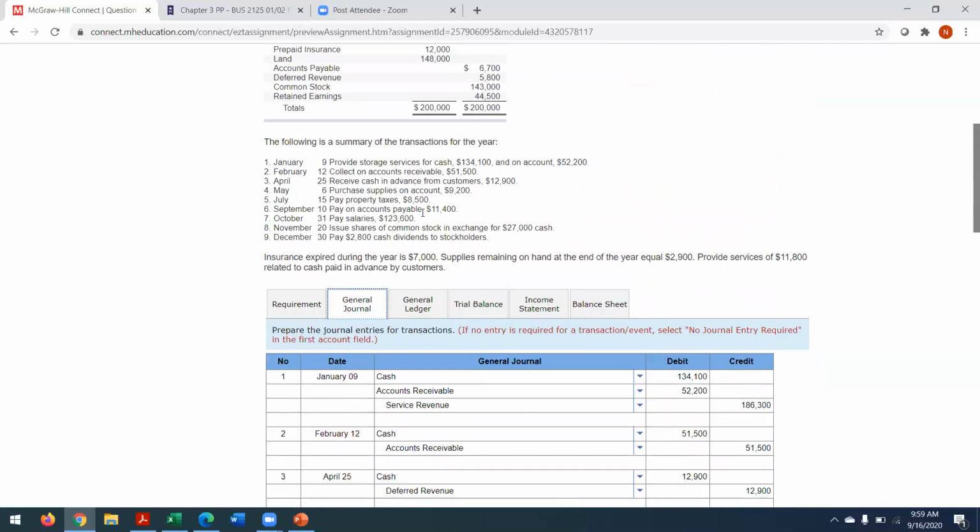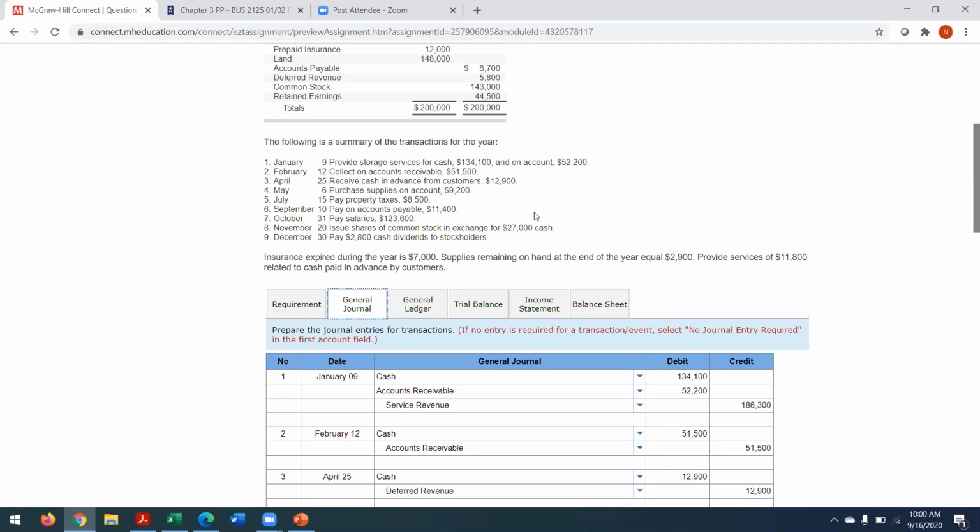Pay on accounts payable 11,400. What are we going to do there? Debit what? Credit what? What's the question?